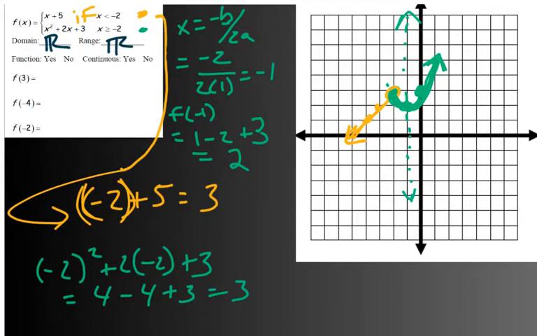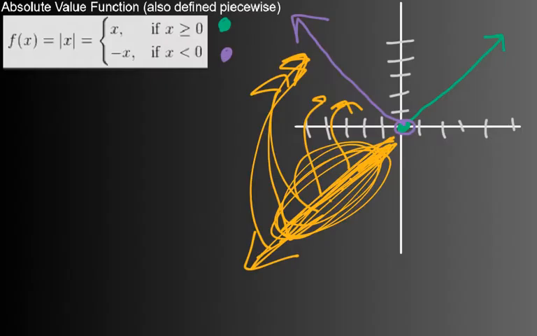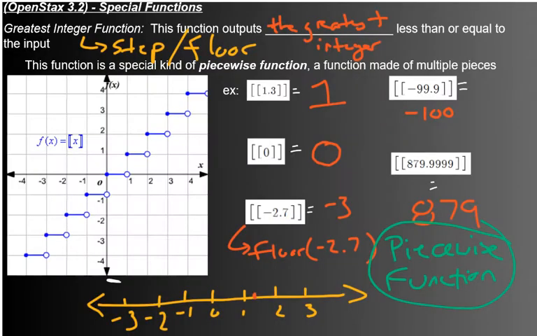It passes the vertical line test, so yes, it's a function. Continuous just means, does it connect everywhere? This graph definitely does not connect everywhere, so this would be considered discontinuous, right? If I started here, I'd have to jump up to go there, and then jump up again. That's discontinuous.